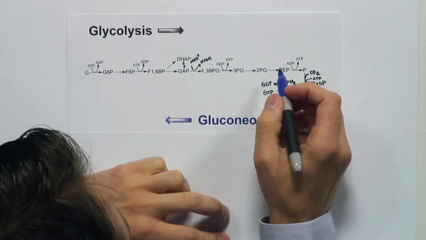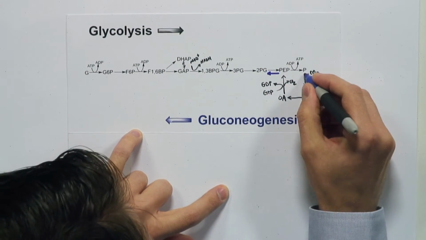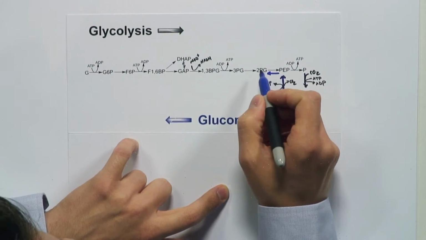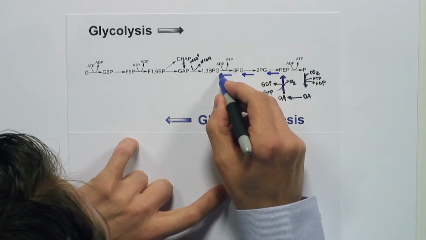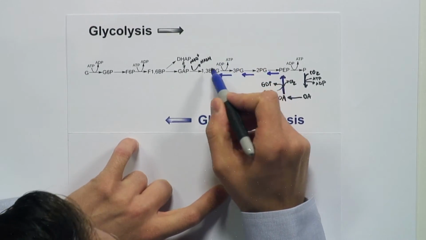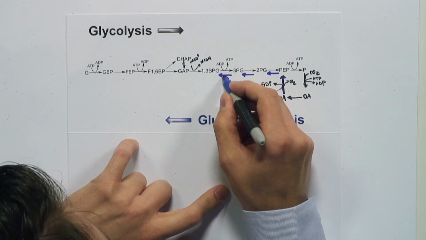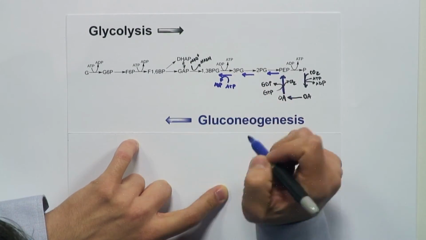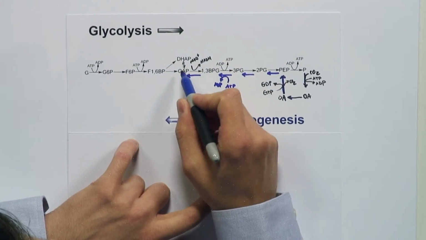The rest of gluconeogenesis will have exactly the reverse of these steps in glycolysis. For example, PEP going to 2-phosphoglycerate, 2-phosphoglycerate going to 3-phosphoglycerate, 3-phosphoglycerate going to 1,3-bisphosphoglycerate. Here, since in glycolysis we generated ATP, here we're going to need the ATP to come in and go to ADP in order to accomplish this step in gluconeogenesis. 1,3-bisphosphoglycerate going to GAP.